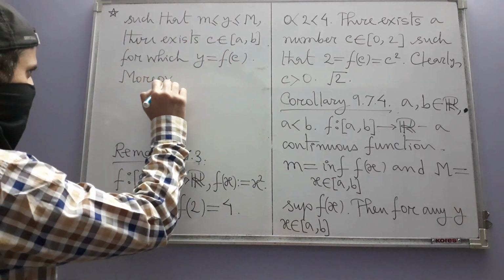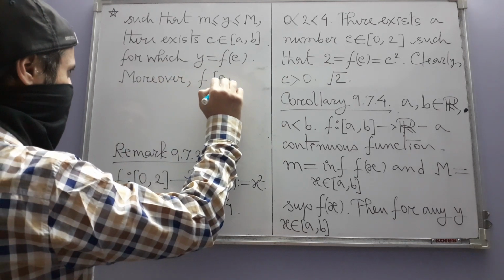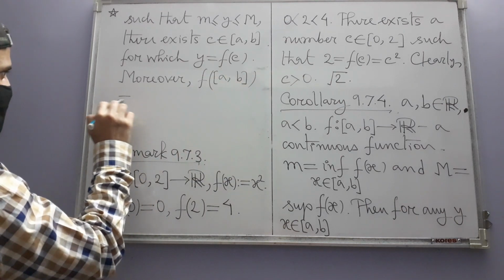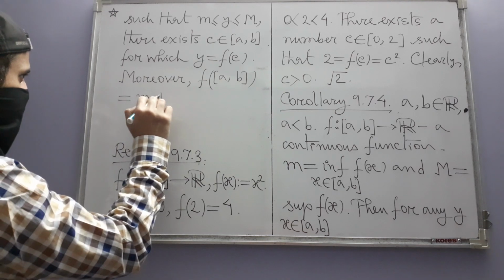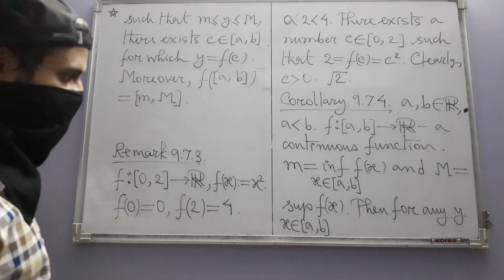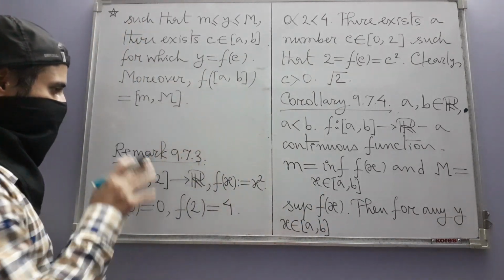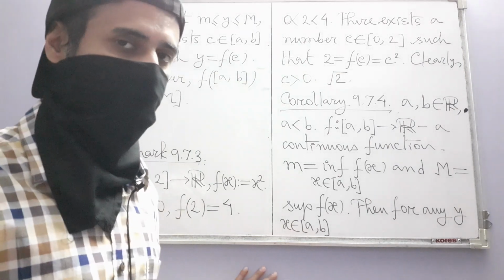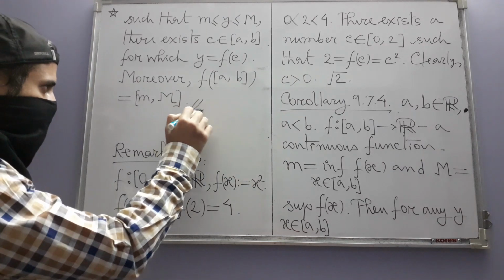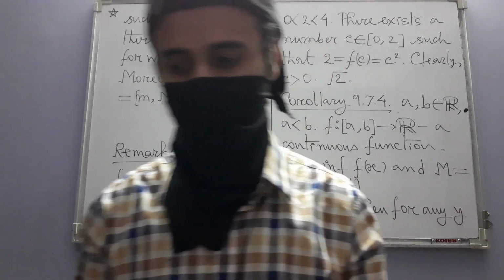Moreover, it also says this, that the image of the entire domain under f is actually equal to this closed interval whose boundary points are respectively this infimum and supremum. The proof of this corollary is one of the exercises, so we will see it there itself, and that in fact completes the theory part of this section, and it completes today's video also.